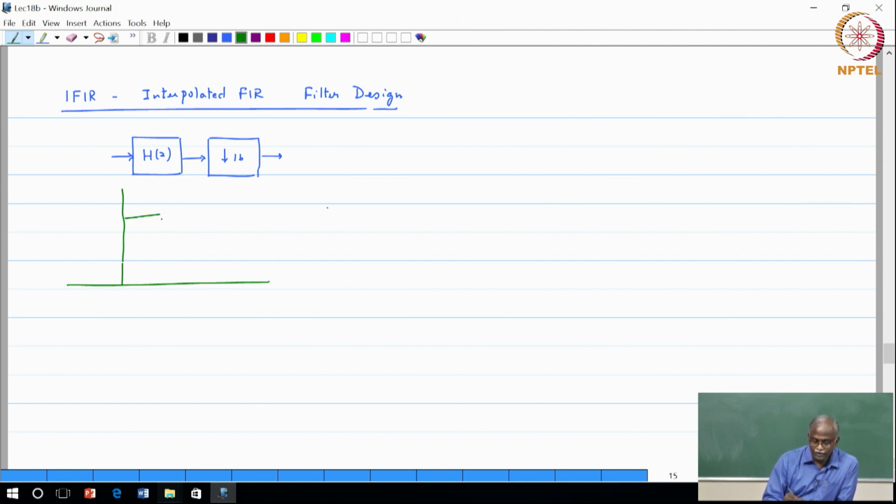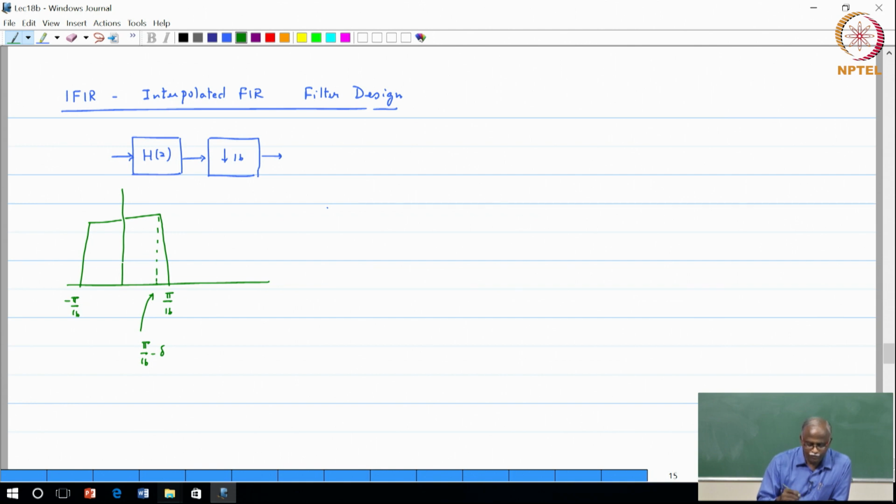So, there is a pass band and a stop band, and the stop band edge is pi over 16. It is a real coefficient filter, so it is from minus pi by 16 to pi by 16. The pass band edge is at pi by 16 minus delta, where delta is the width of the transition band.